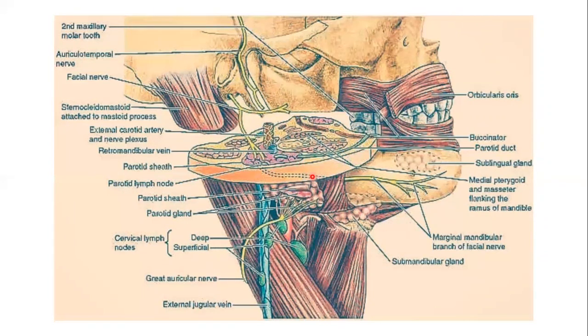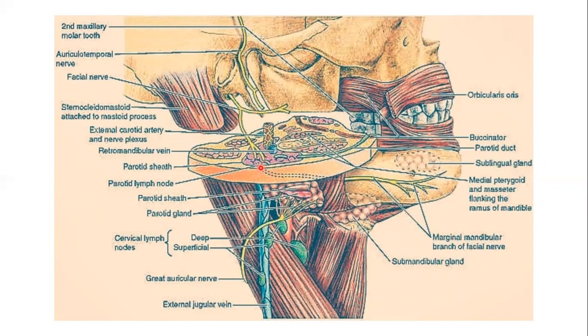At the angle of the mandible and the mastoid process, the investing fascia splits and encloses the parotid gland by a superficial and a deep lamina, and forms the capsule of the parotid gland, also called the parotid sheath.